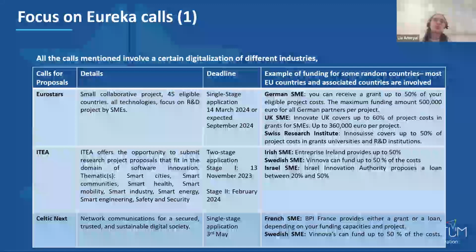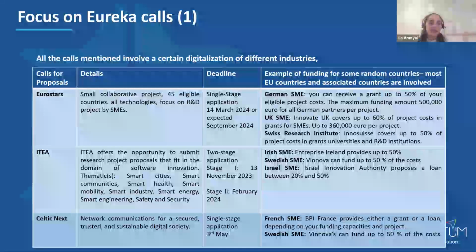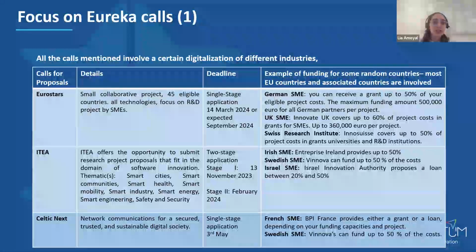And it's important to anticipate what's going to be next from the beginning, from the initial proposal preparation. So if you want to go for one Eureka call, first thing, you need to discuss with your national funding authority to make sure that you are eligible, and that the project you want to achieve fits the scope of activities and the requirements of each particular call, to ensure the funding at national level. So that was about Eurostars.